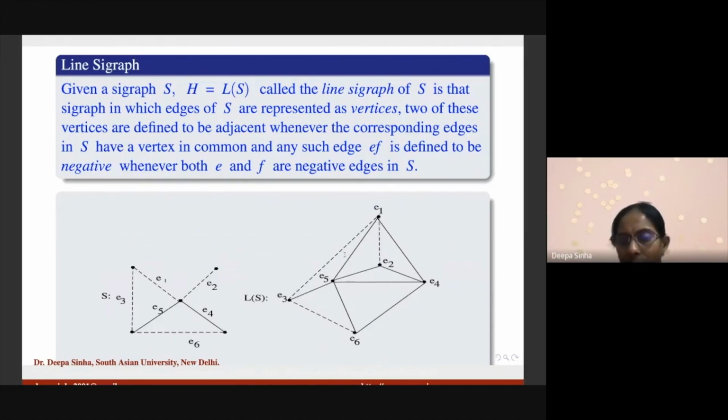So first you get hold of the negative edges, and then you mark the end vertices with a negative sign, and then you see that no positive edge has both of its ends negative. Every positive edge has both ends positive, or one positive and another negative.